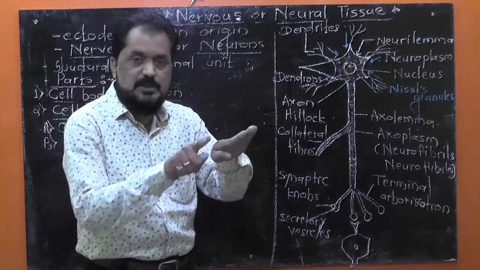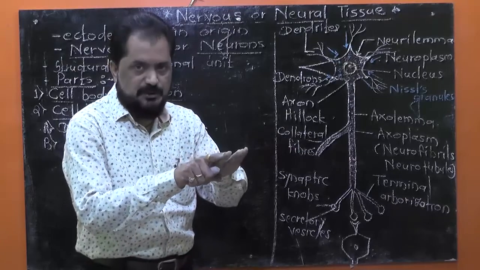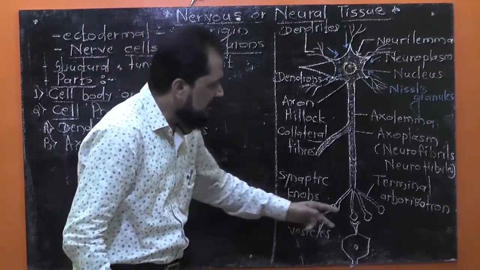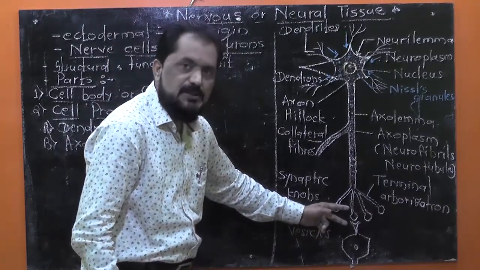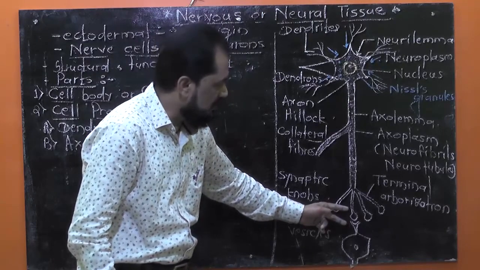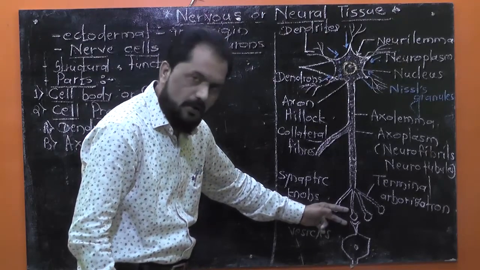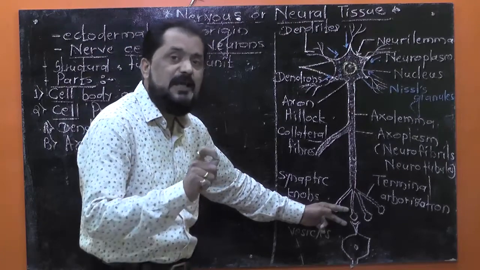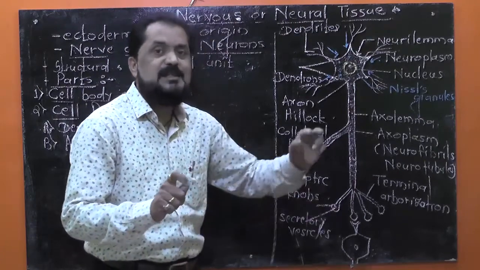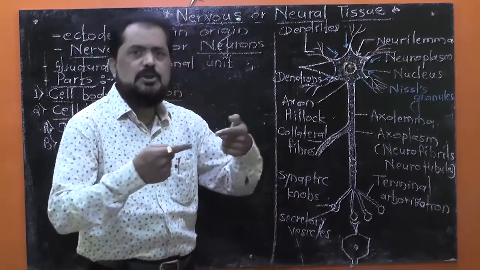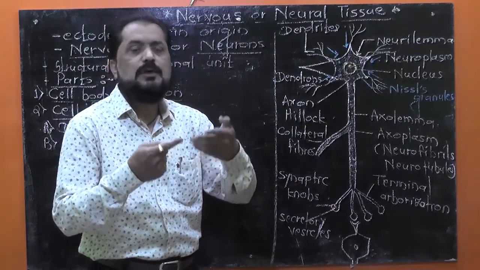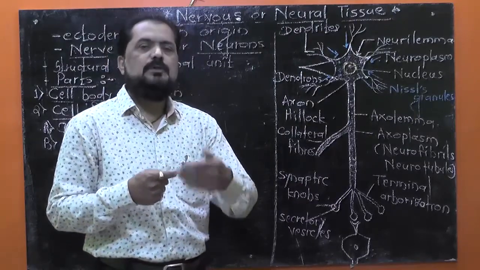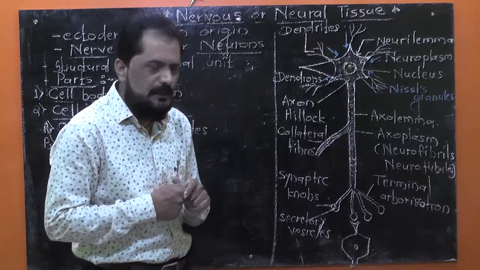Okay, means there is no direct physical connection, and therefore such end-to-end connection of two neurons with a little gap is known as synapse, or the junction of two neurons is known as synapse, about which we shall talk later on in great detail.